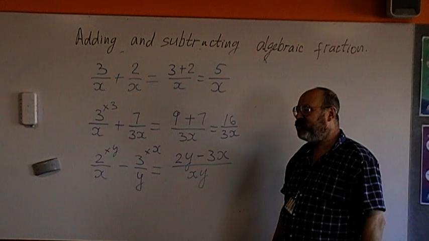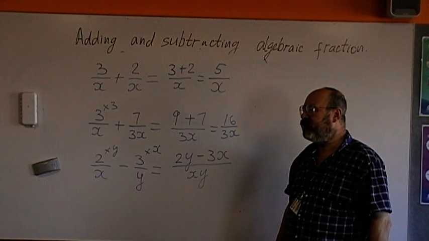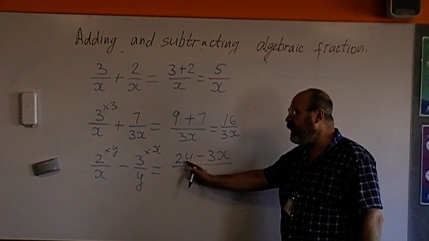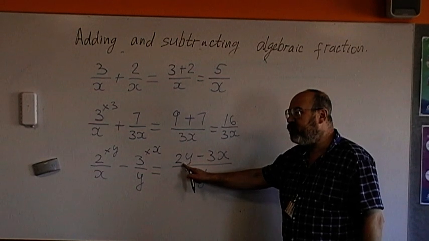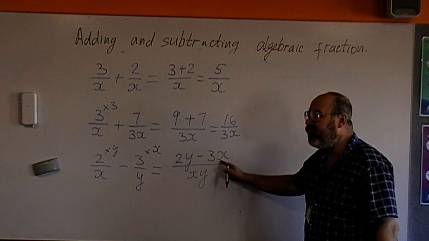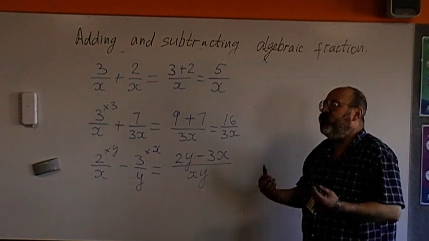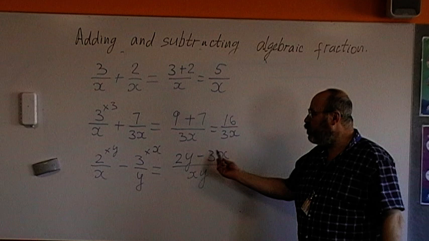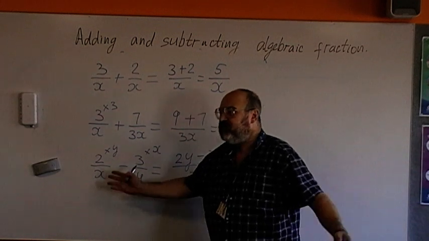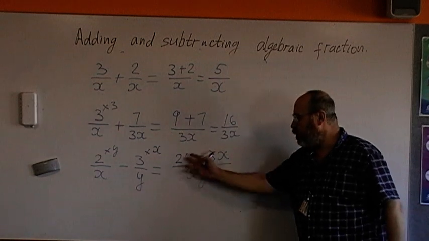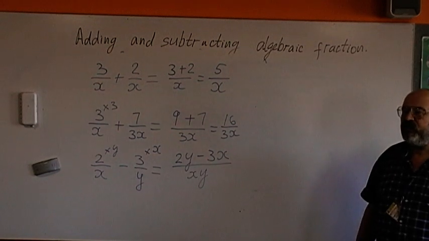Do we have x here in this one? No. Do we have y here? No. If we divide both by xy, we'll come back to this, but it will not be any simpler. We just put it in one fraction.